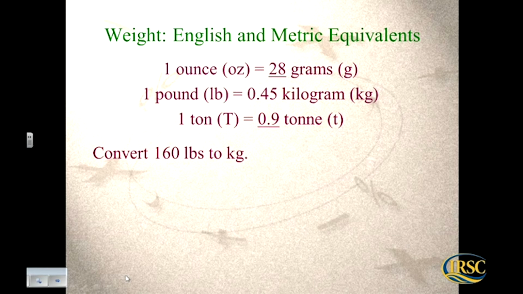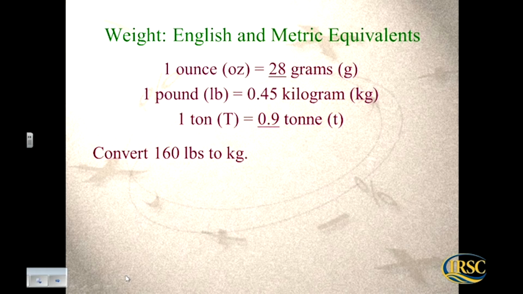Okay, let's bring it back to maybe the medical field. So if you have a person that weighs 160 pounds, most medications are based on a person's weight in kilograms. And so if you're in the medical field, you have to be able to convert your pounds to kilograms. Now, some books use a different conversion.